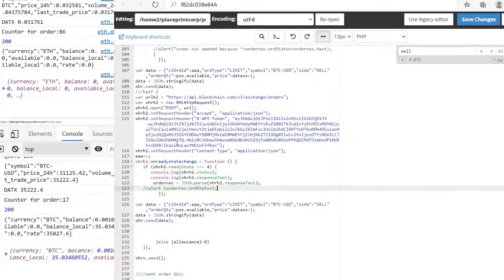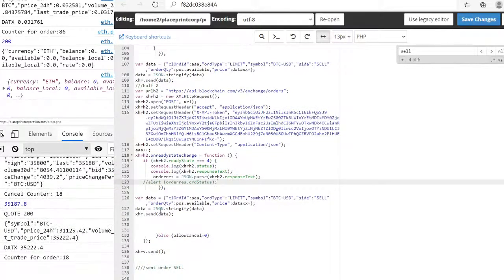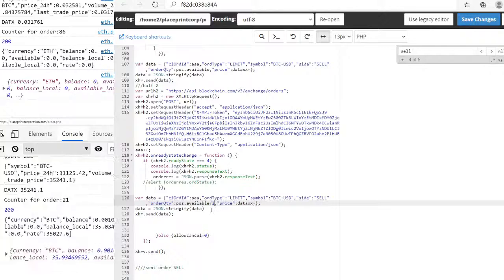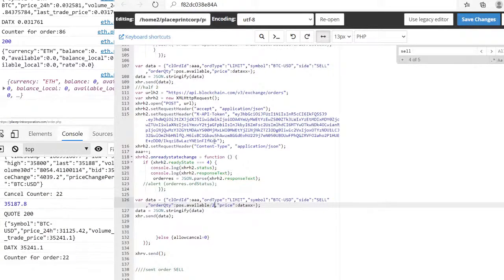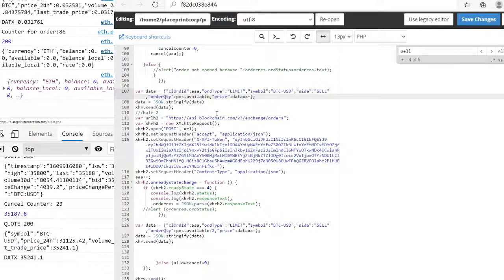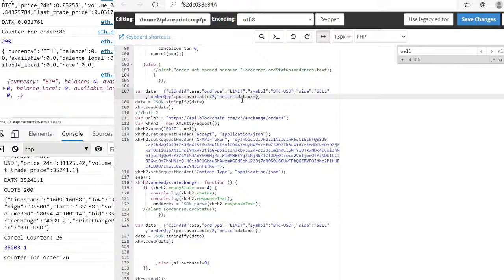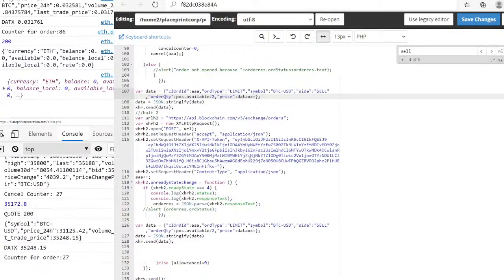Okay. So, you say, well, how do you know what the quantity to do? You do position available divided by 2. And then you do that up here. Available divided by 2. And then this is price. Well, what? Price plus.